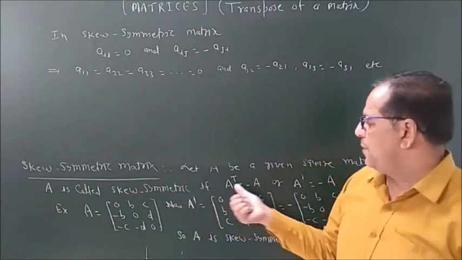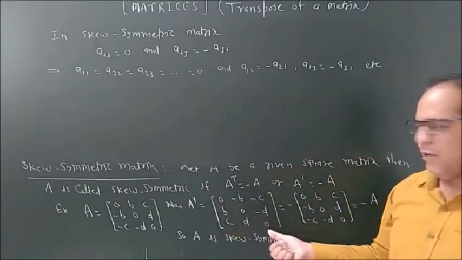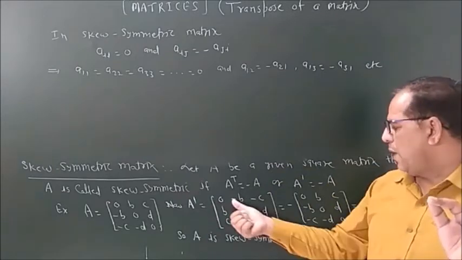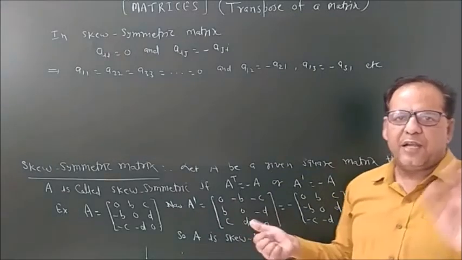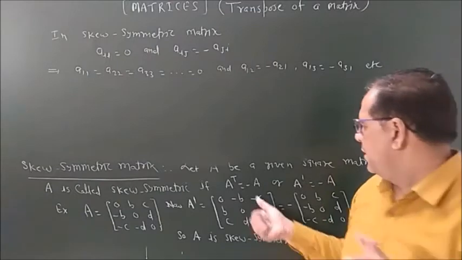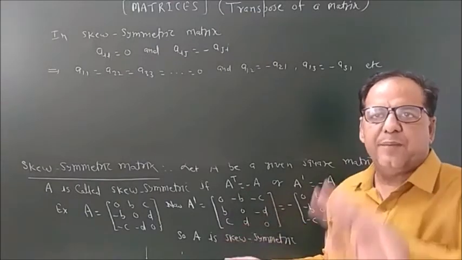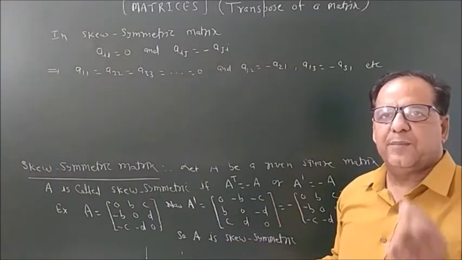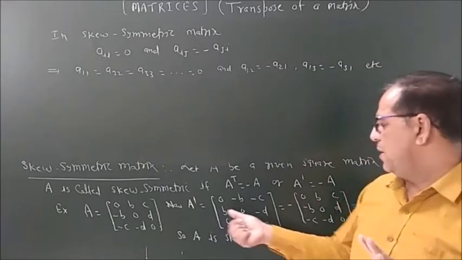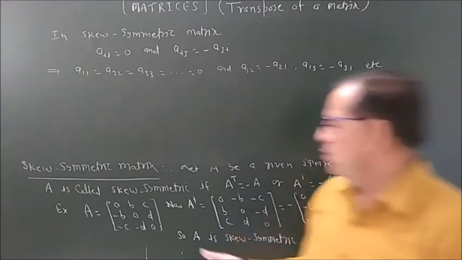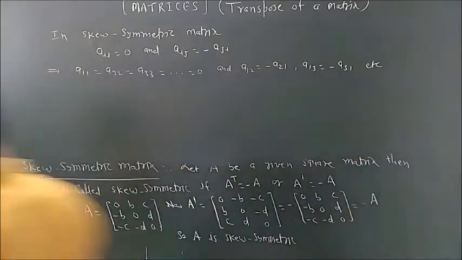Similarly, in a skew symmetric matrix, first, this is a square matrix. Second, diagonal elements are always 0. Third, A12 is replaced by minus A21, A13 by minus A31. This is how to memorize these examples.